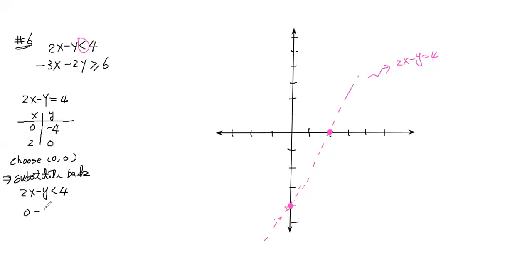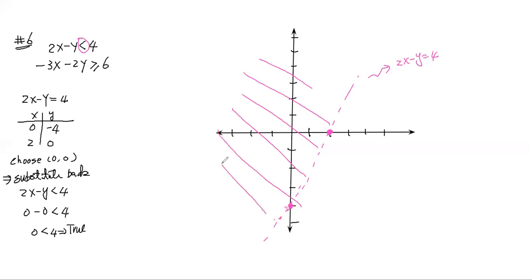So 0 minus 0 is less than 4, so 0 is less than 4. Is this true? Yes, this is a true statement. If it is true, that means your solution lies on the same side as the point you chose. So this is my solution for the pink line.